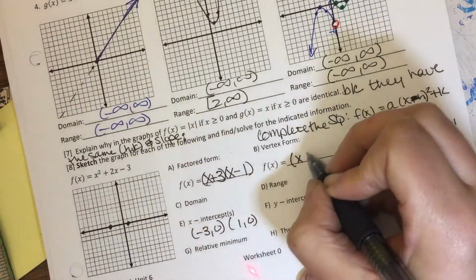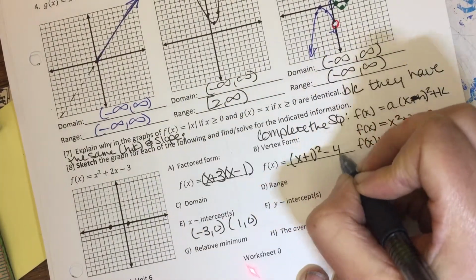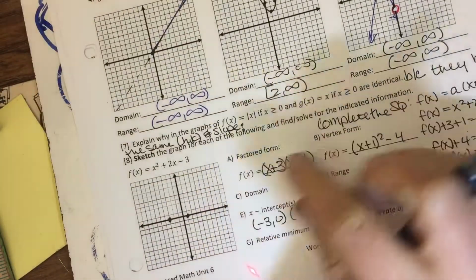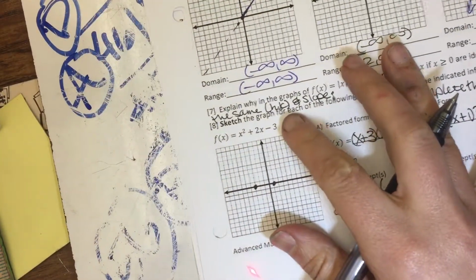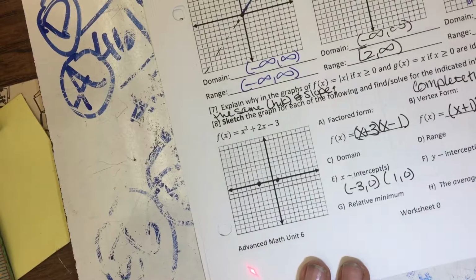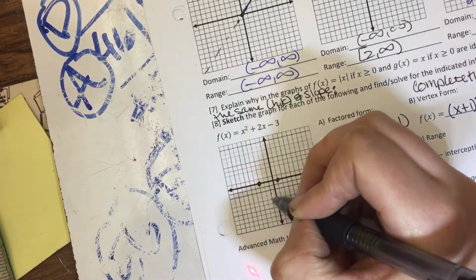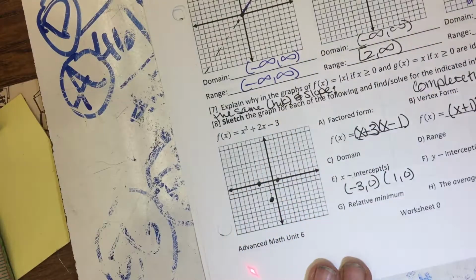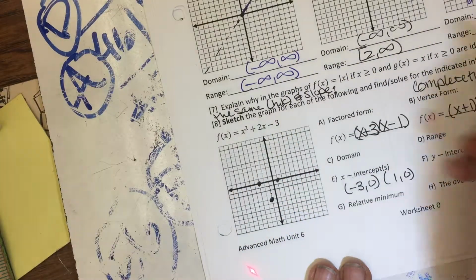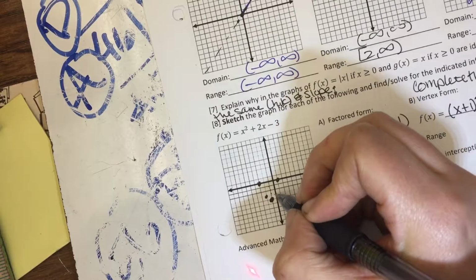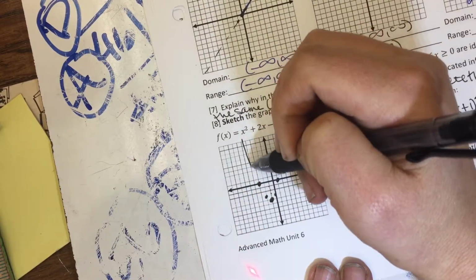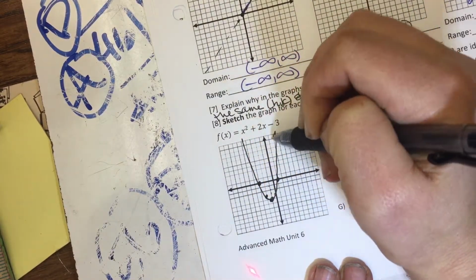The vertex form is very helpful because it gives the vertex of a parabola. Factored form is really nice because it gives the intercepts of the parabola. So 1, -4, 1 and 2, 3, 4. Okay, I can use my stretch, which is right 1, up 1, left 1, up 1. And now I can draw my nice parabola.